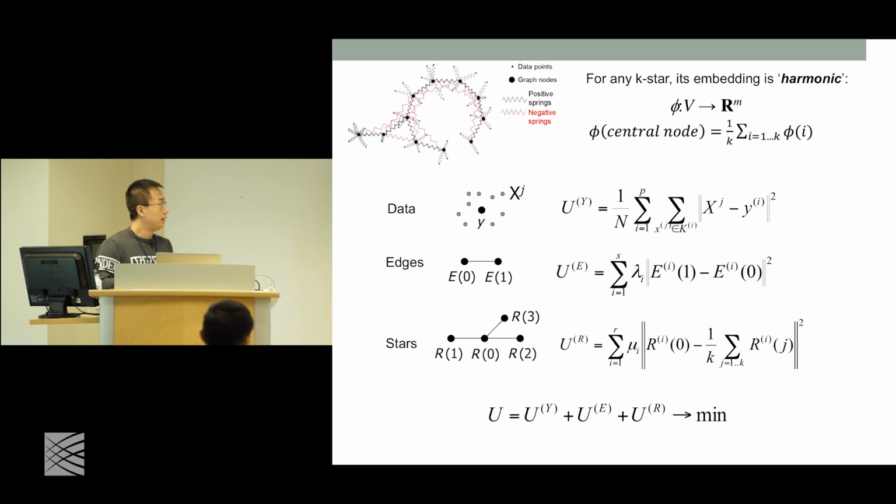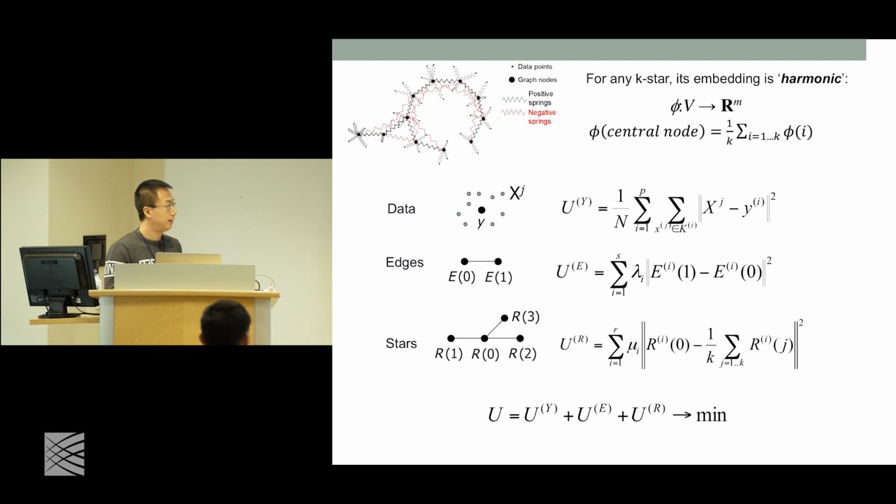The first one is the reconstruction error, where y is the node and x is the data point. So basically it's the mean squared error. The second one is the edge term, where we are trying to penalize the total length.